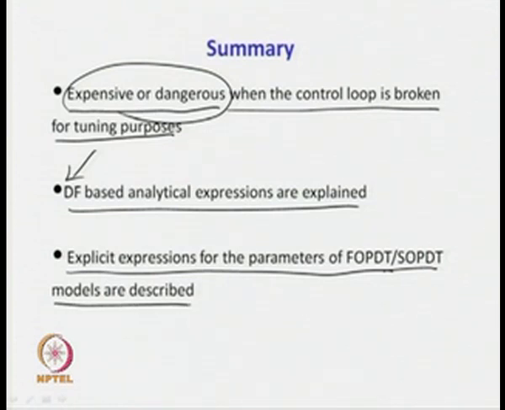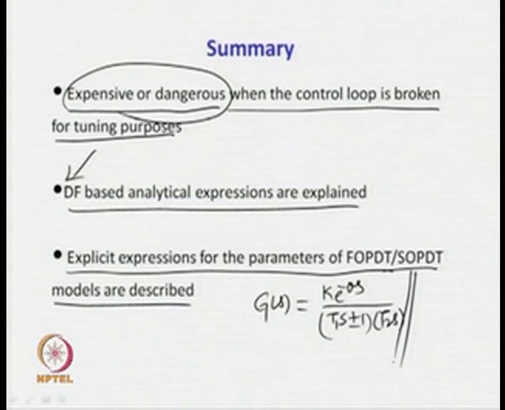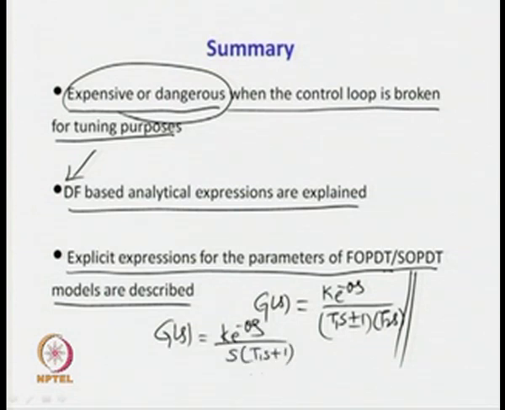Now, I can extend the analysis for a plant with dynamics of the form G(s) given by k e to the power minus theta s over (T1 s plus 1)(plus minus 1 T2 s), or it can be extended for integrating processes as well, G(s) is equal to k e to the power minus theta s over s times (T1 s plus 1).